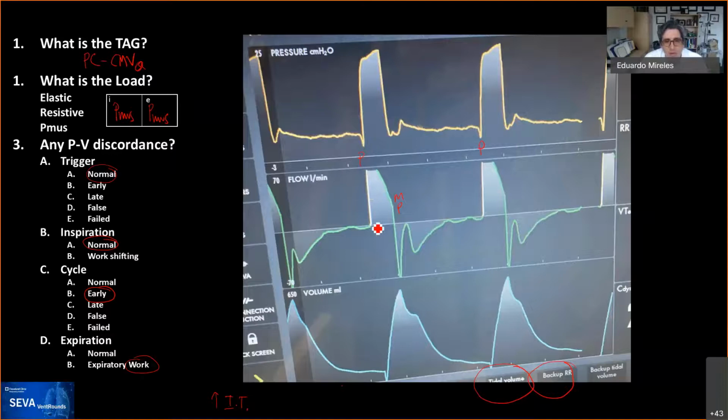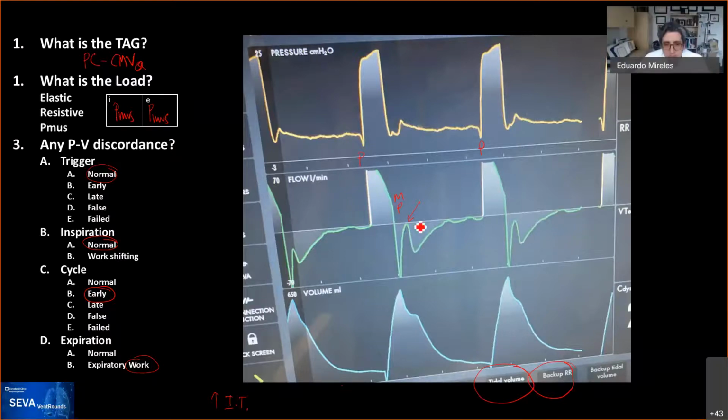You recognized very well the load, which was elastic during inspiration. Elastic PMOS. There's a lot of effort for this patient during inspiration. And then during expiration, you talked about PMOS during expiration. Are you referring to this part, Uri? Yes. Absolutely, I think the patient is doing an inspiratory effort.